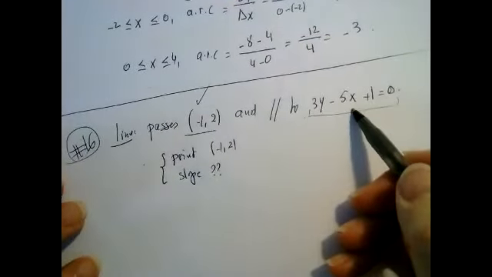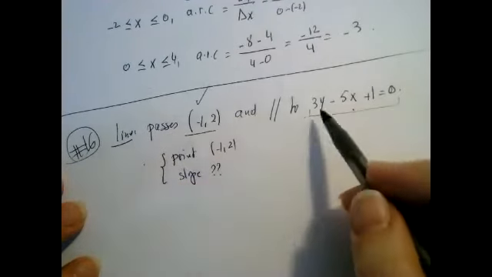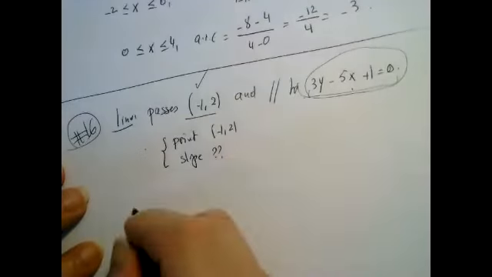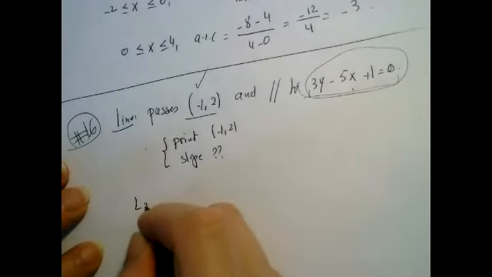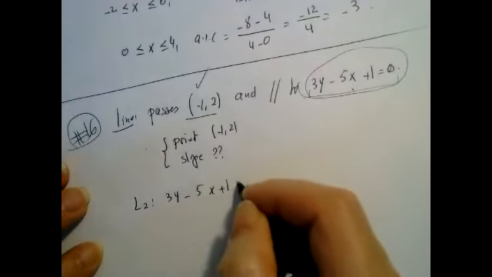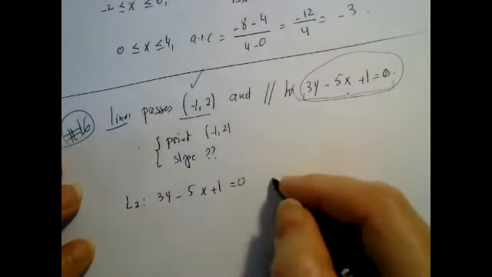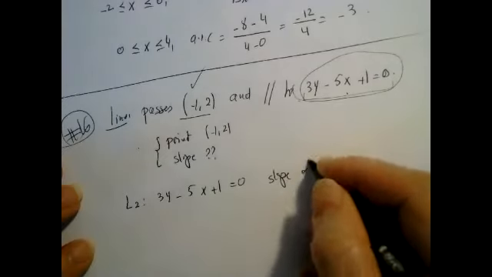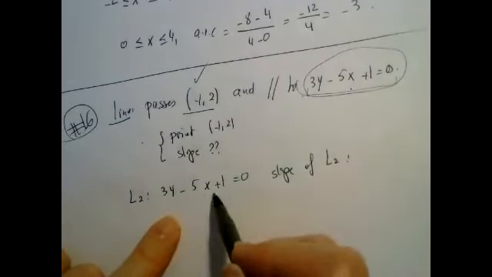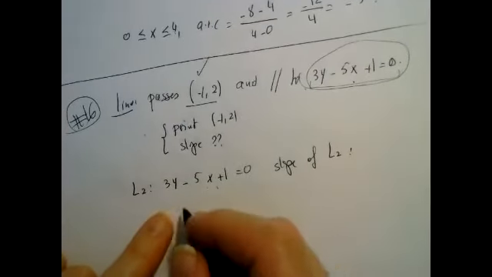It's parallel to this line. It means the line I'm interested in has the same slope as that one. So let L2 be this line, 3y minus 5x plus 1 equal to 0. We need the slope of L2. To find the slope, I have to write this in the form y equals mx plus b.